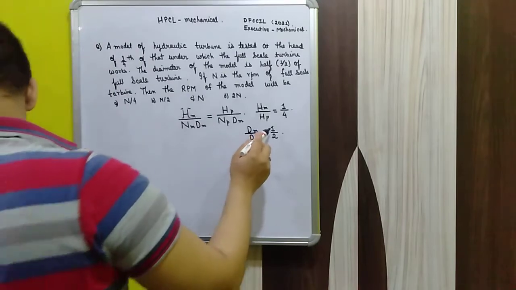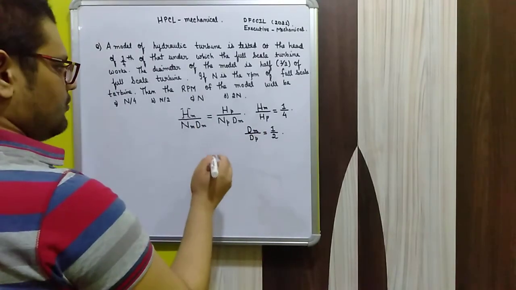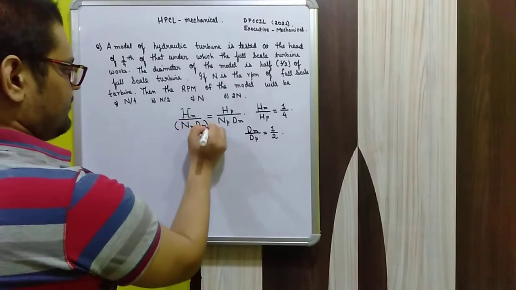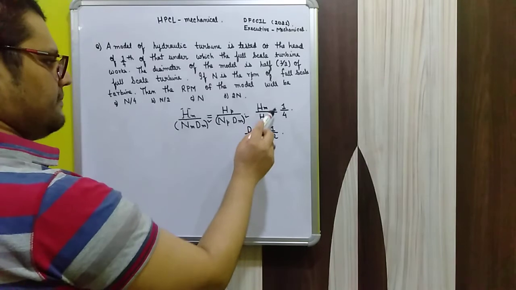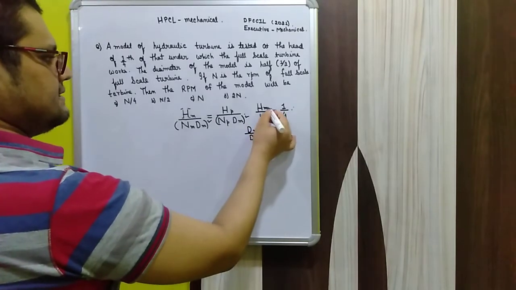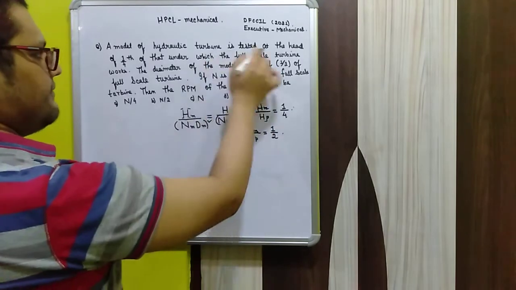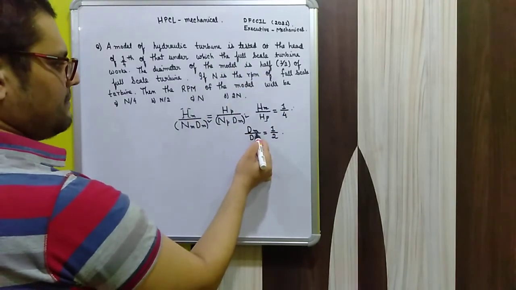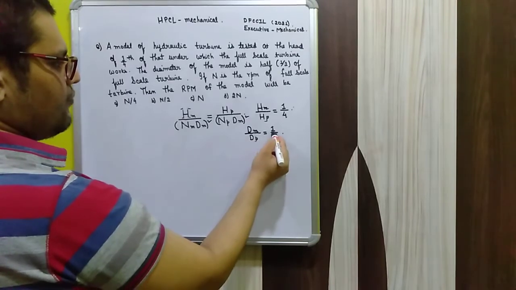Now you have understood how I've calculated this, and it will be squared. The head of the model by head of the plane is 1/4 as given, and the diameter of the model and the diameter of the plane ratio is 1/2.